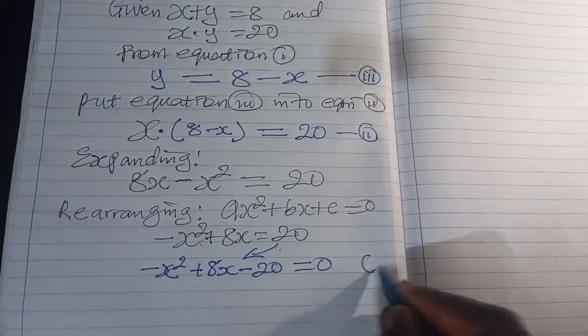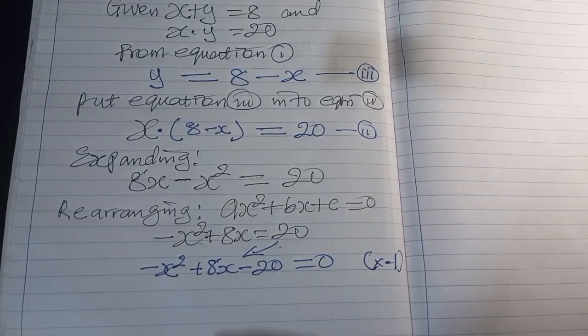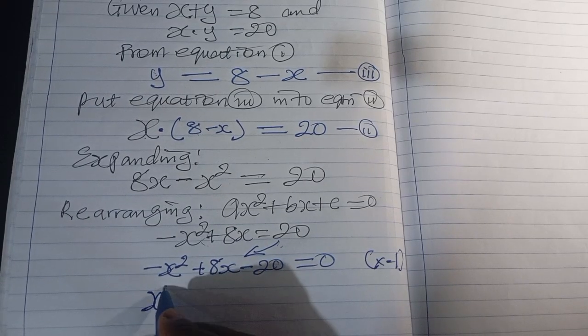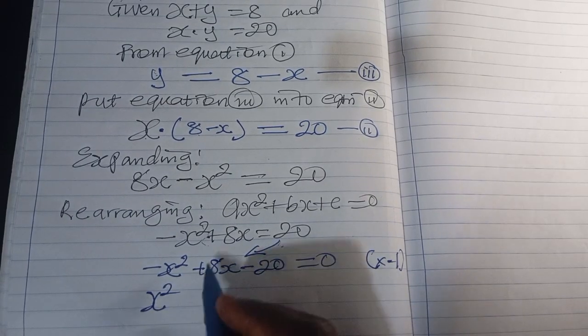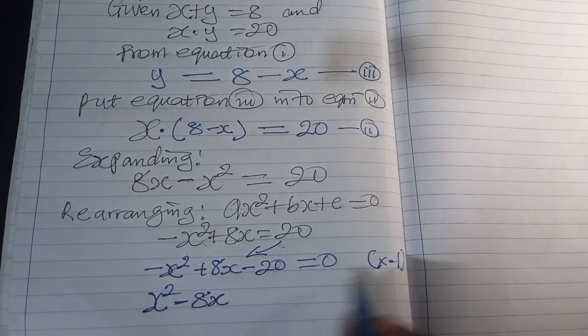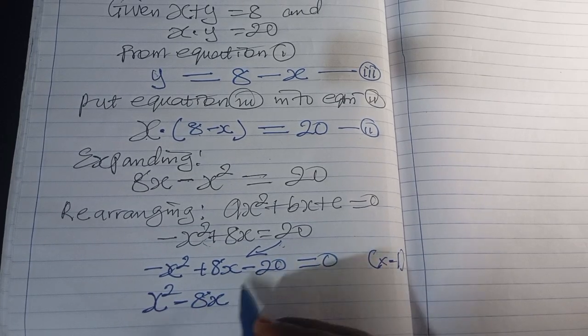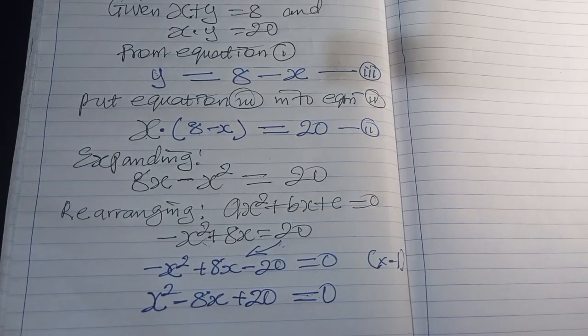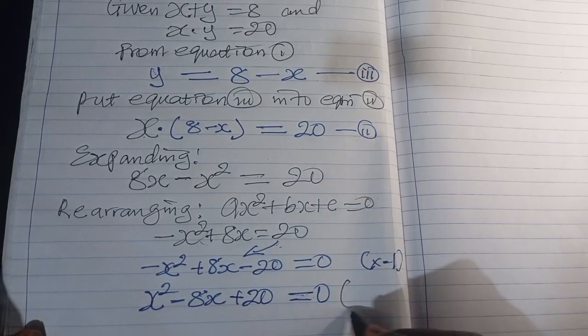So multiply through now by minus 1. Minus 1 times minus x squared, you have positive x squared. Then minus 1 times 8x, you have minus 8x. Minus 1 times minus 20, you have positive 20. This equals 0. It's already a quadratic equation.